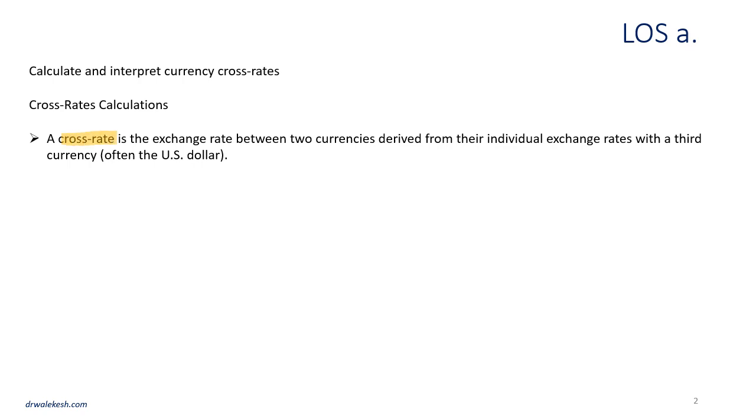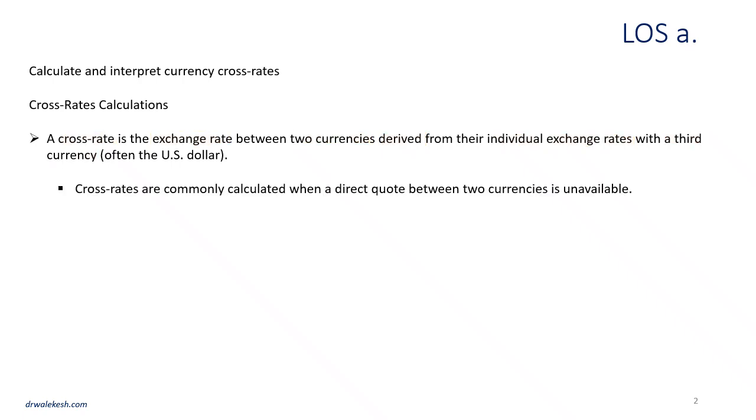A cross rate is the exchange rate between 2 currencies derived from their individual exchange rates with a third currency. Cross rates are commonly calculated when a direct quote between 2 currencies is unavailable.